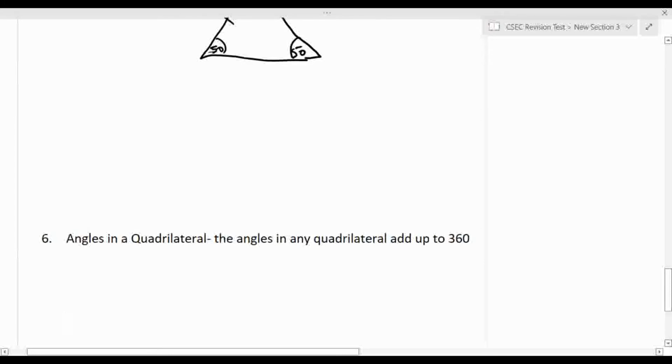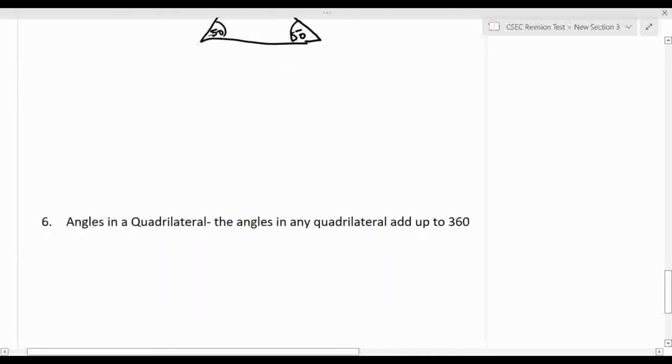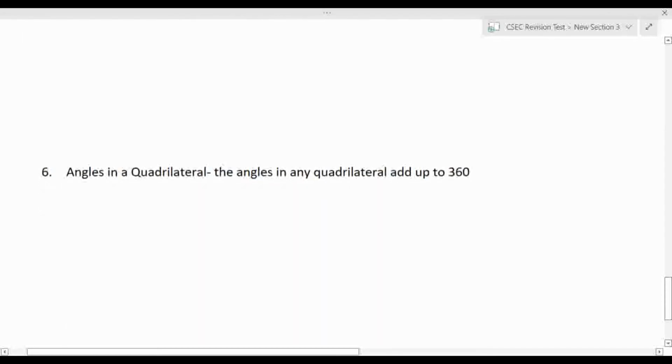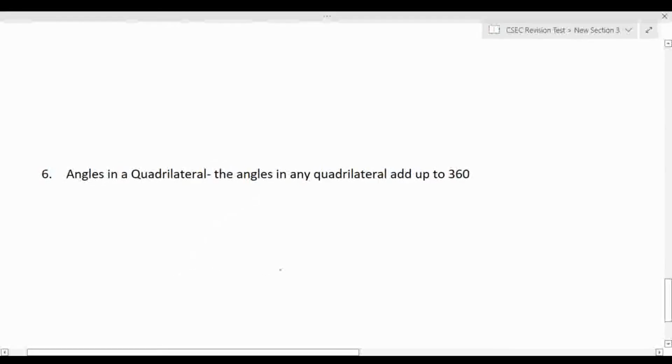And our next one says the angles in a quadrilateral add up to 360 degrees. So here we have our quadrilateral, which is a four-sided shape.